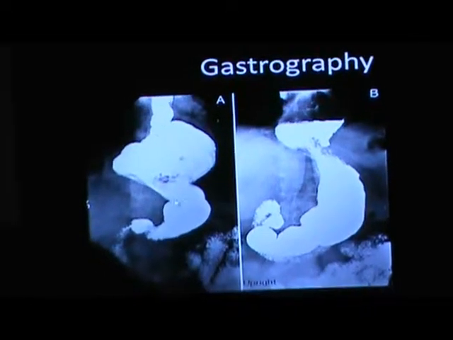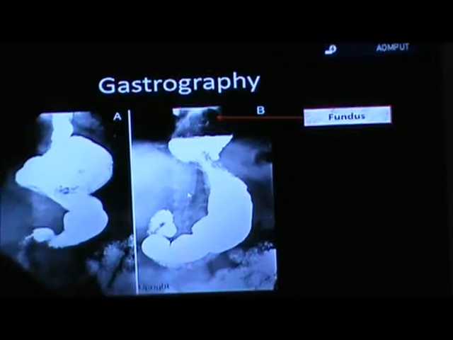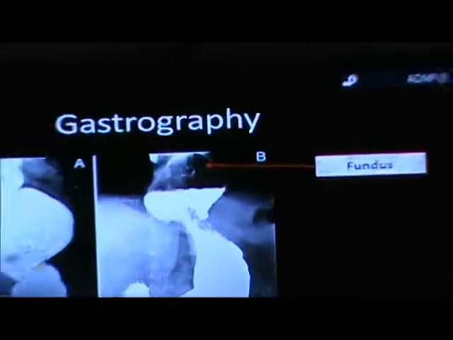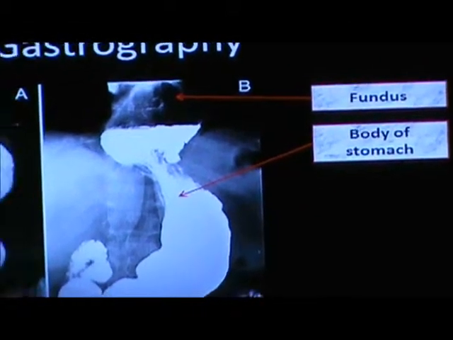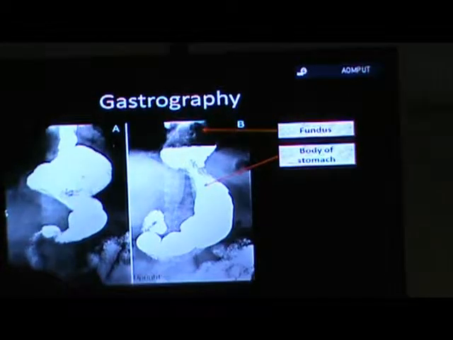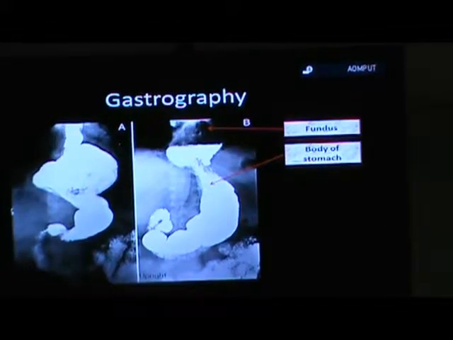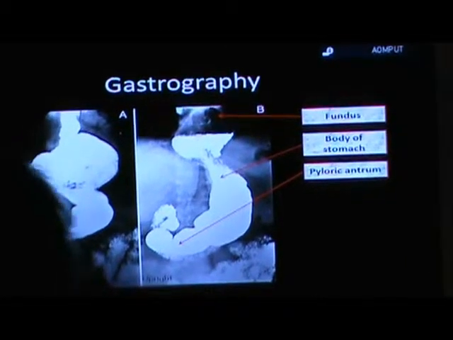So here's a stomach, and there are 2 positions in which the pictures were taken: supine on the right and upright on your left. And the parts of the stomach.